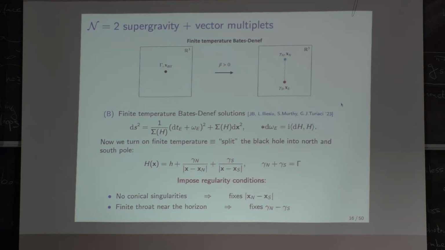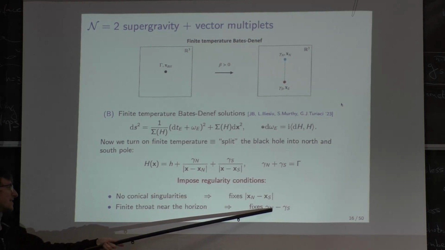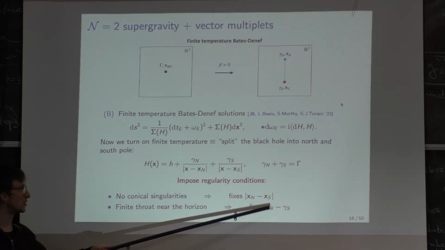On the other hand, something that was implicit in the Israel-Wilson solution, but which we now have to impose by hand, is that we want to make sure that this geometry caps off smoothly at some finite distance in the bulk. So we don't want any infinitely long horizon in the near horizon region. Imposing this will fix the exact difference between these new charges that we introduced.